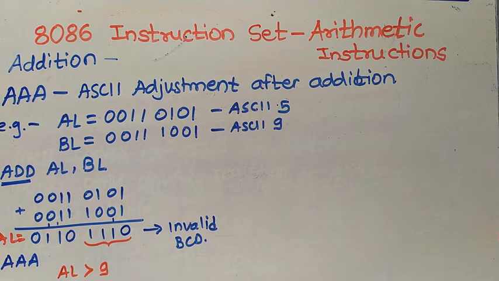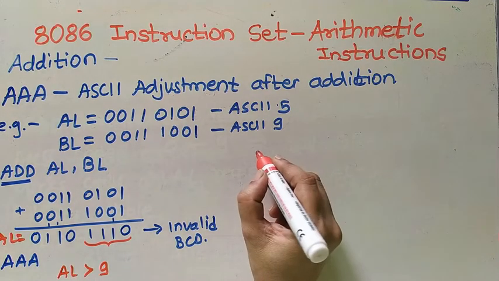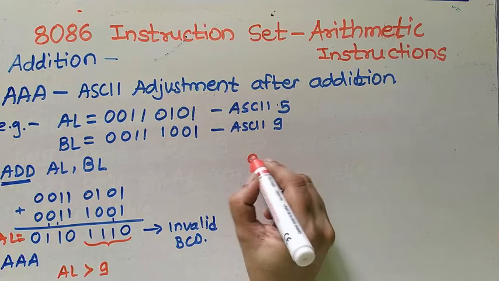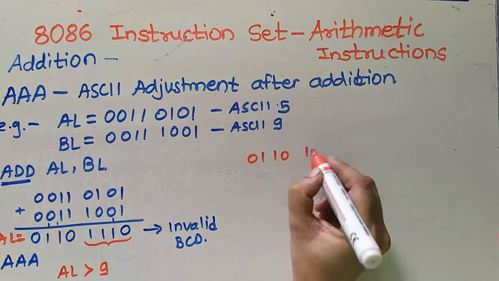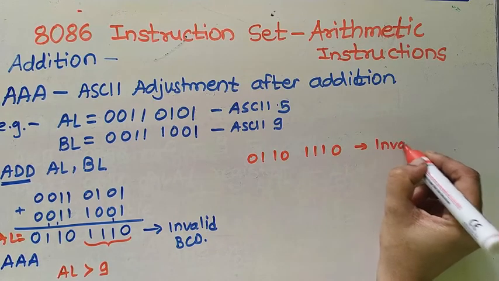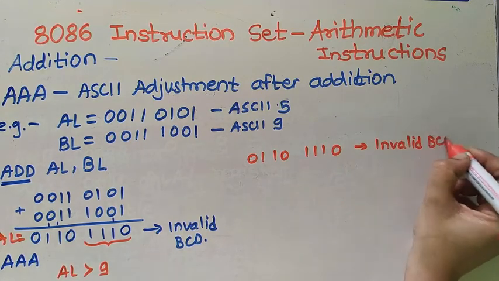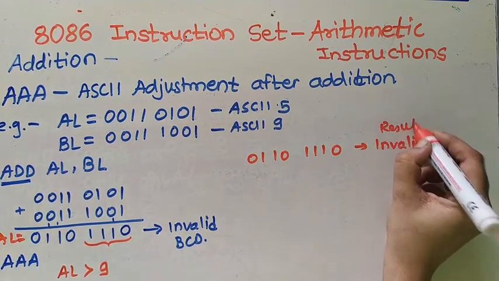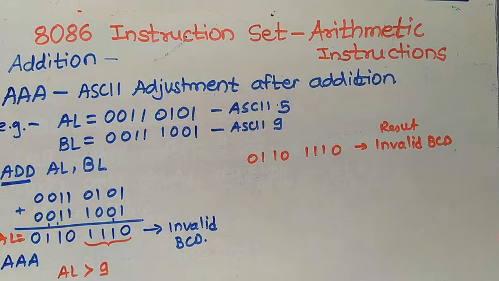So I will write down the result here: 0 1 1 0 1 1 1 0. It is the result of addition, which is an invalid BCD.